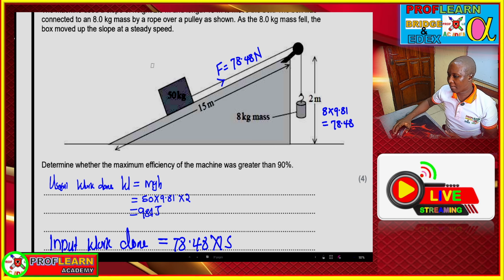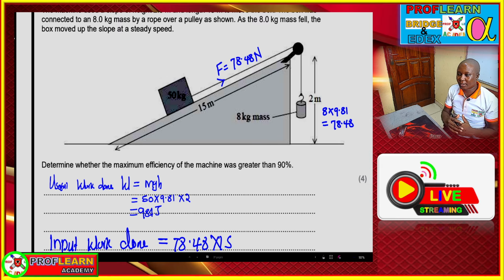You are hanging a mass here so that it can pull an object to raise it over some height. If maybe you want to load a heavy object onto a truck, you cannot lift that object directly there. You may need an inclined plane so that you can raise it easily.